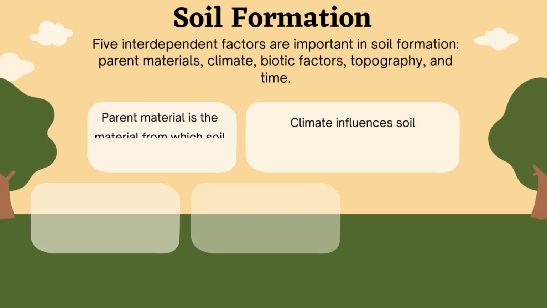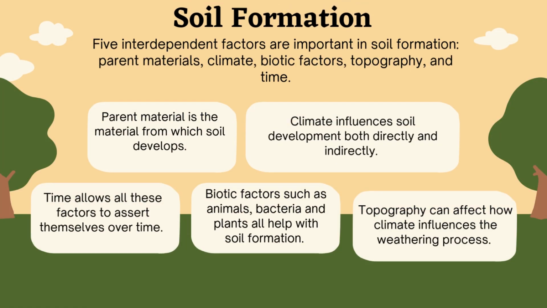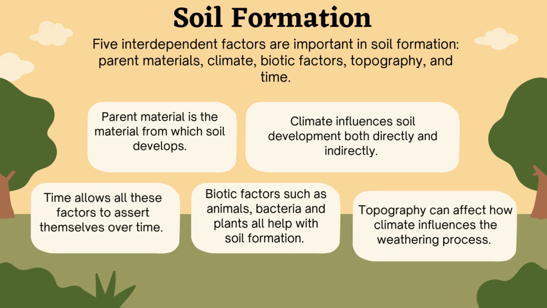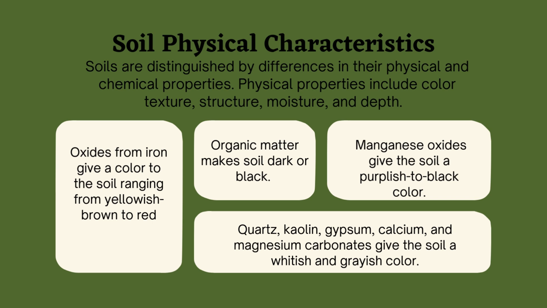For soil formation, the parent material is the material from which soil develops. Climate influences soil. The biotic factors such as animals, bacteria, and plants all help with soil formation. Now, topography can affect how climate influences the weathering processes. All right, so now moving on to soil characteristics, the physical characteristics to be exact.